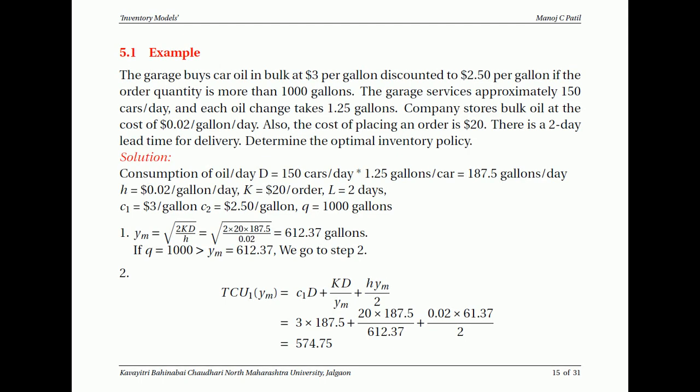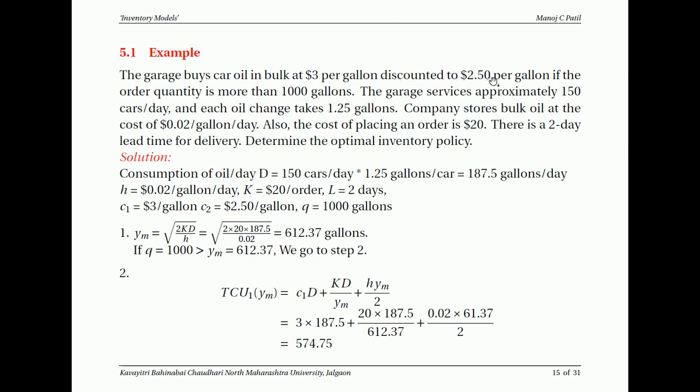Let's take an example of a garage. The garage buys car oil in bulk at $3 per gallon, discounted to $2.50. So C1 is equal to 3, C2 is equal to 2.5. The order quantity is more than 1,000, so small q is equal to 1,000 gallons.